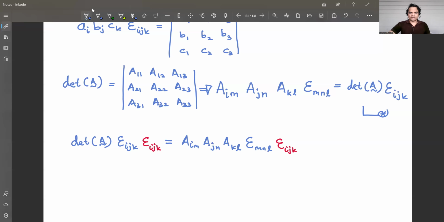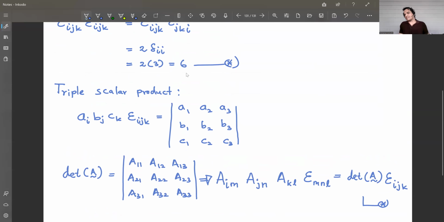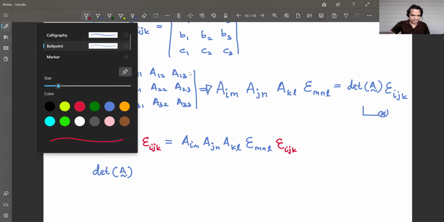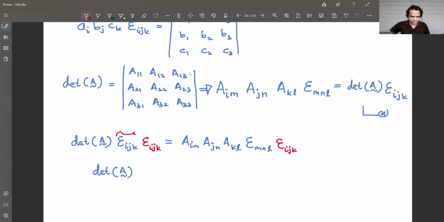Now the left side one, we already discussed, is equal to 6, right? So therefore, the determinant of A, this will be 6. This is already discussed. Now if I take this 6 to the other side of the equation, the determinant of A will be 1 by 6.